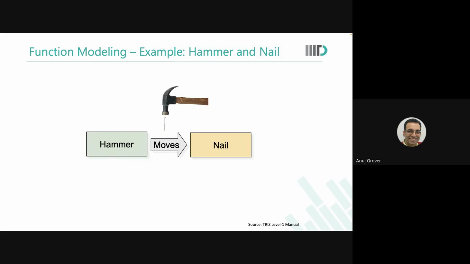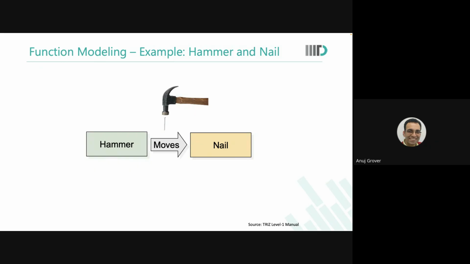Again, I'm repeating this. At times, you may not be able to identify because, see, here we have taken a simple example where an English word exists. When you talk of the problems that you are working on, you might not know what is the correct technical term. Don't get bogged down by that. Talk about it in terms of which parameter is either changed or maintained. It makes it far easier.